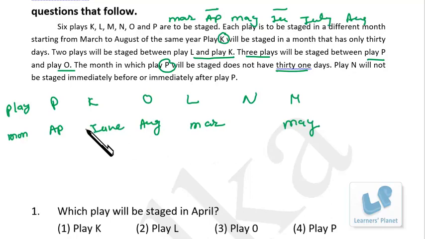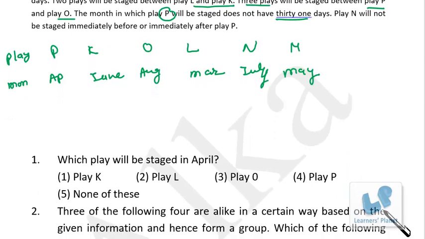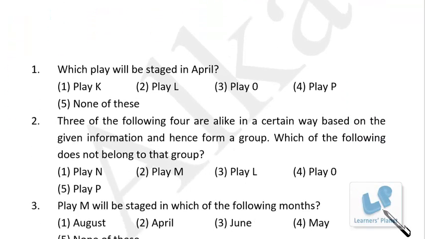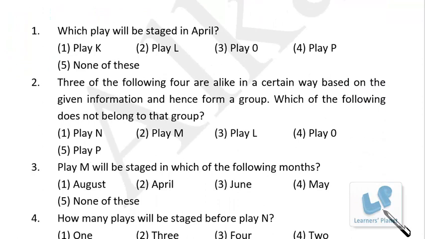Then March, April, May, June, so N should be in July. Okay, so I hope that's clear. Which play will be staged in April? April, P. You can answer all the questions. Just pause the session and try all the questions.